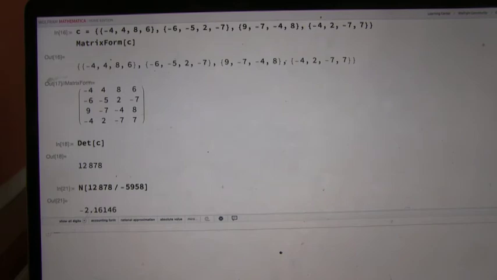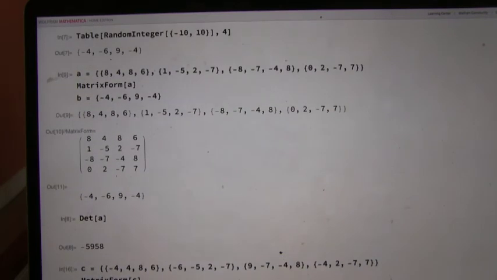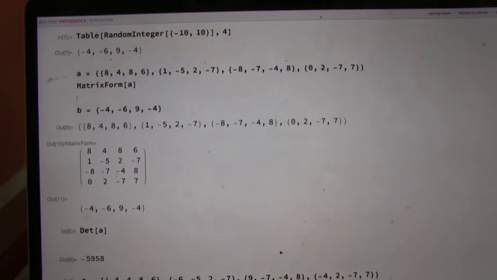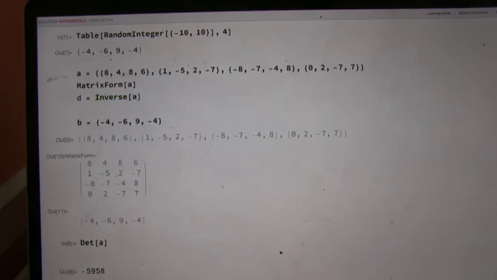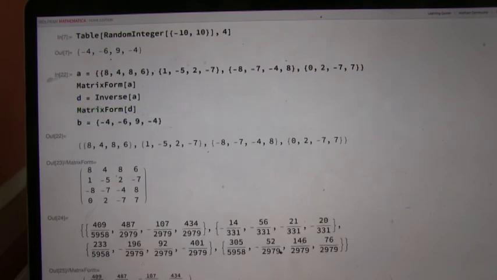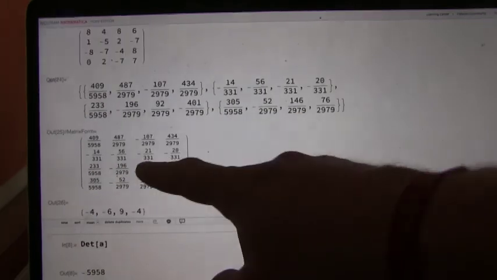Okay, great. And now let's see if we do another way. We could just solve AX equals B: X equals A inverse times B. Mm-hmm. So let's take A inverse. Okay, so here's our inverse matrix.